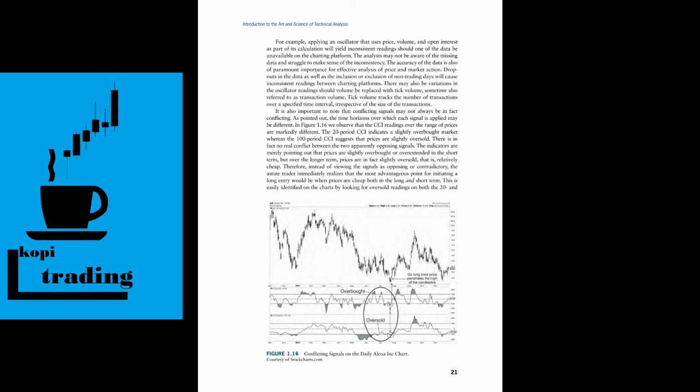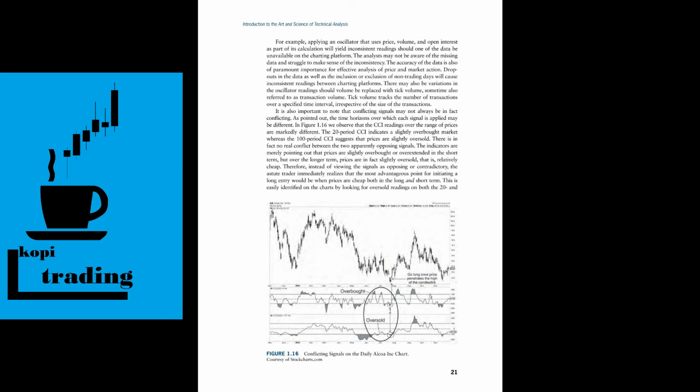Therefore, instead of viewing the signals as opposing or contradictory, the astute trader immediately realizes that the most advantageous point for initiating a long entry would be when prices are cheap both in the long and short term.